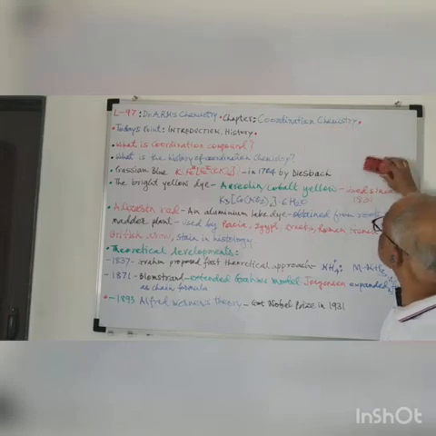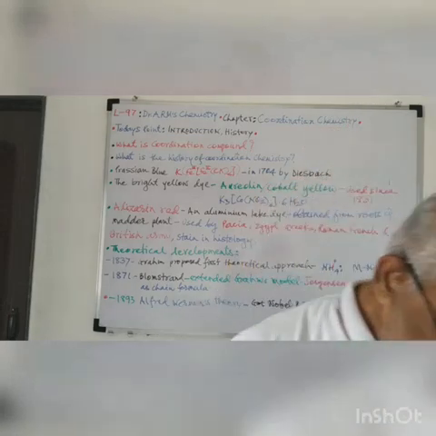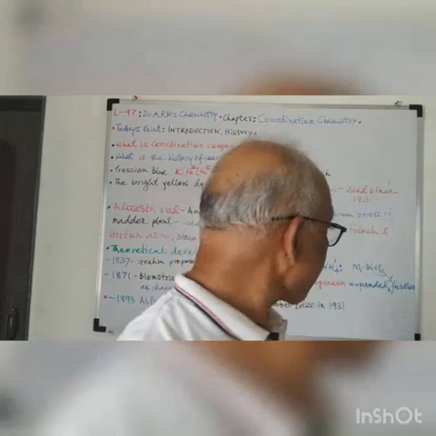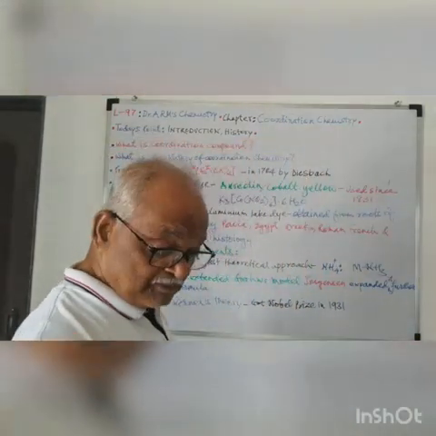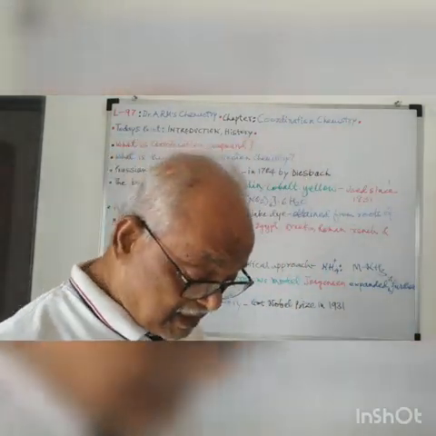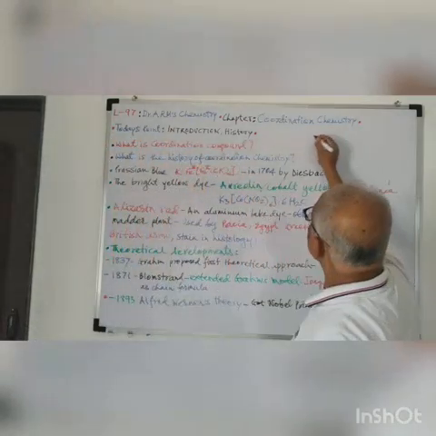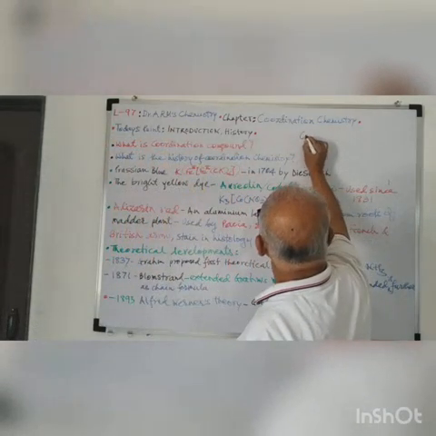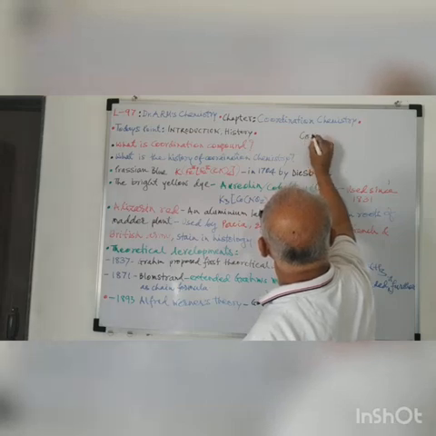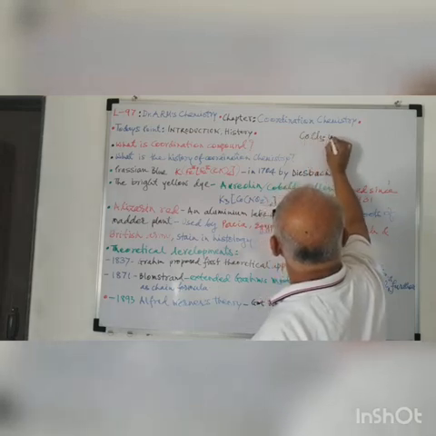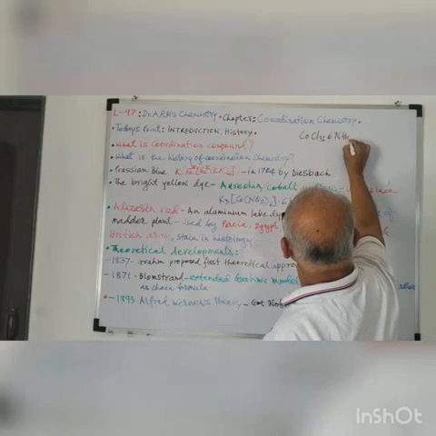Now we will see that these species have a structure like this. For example, we take CoCl3·6NH3.